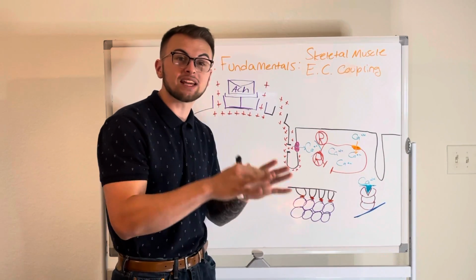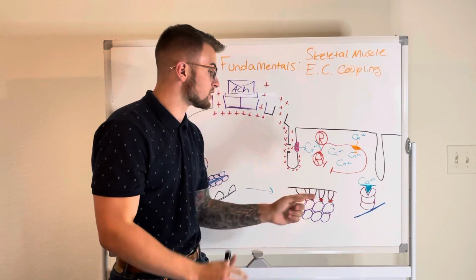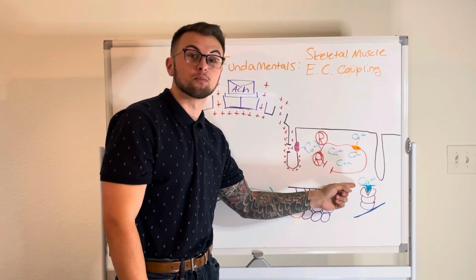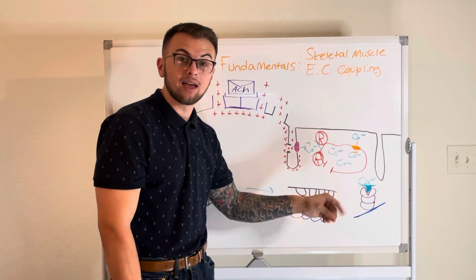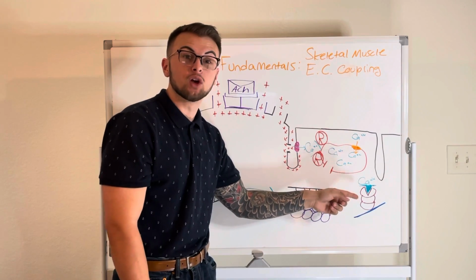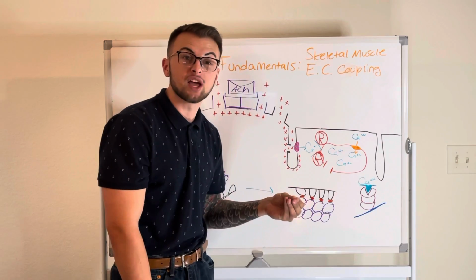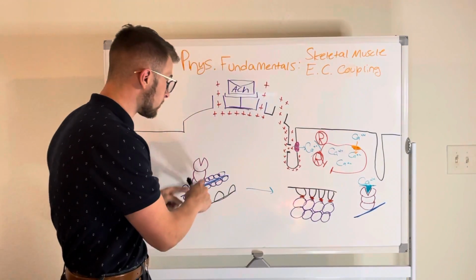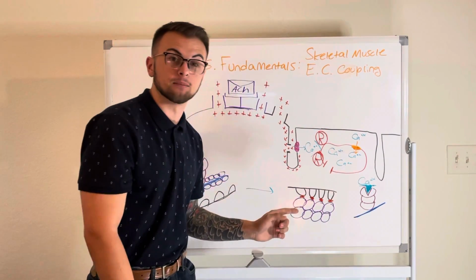Because there is plenty of calcium inside of our cell, some of this calcium is showered on our troponin, specifically our troponin C. As soon as this calcium binds to troponin C, the troponin complex undergoes a physical change and removes the tropomyosin cover off of our globular actin.